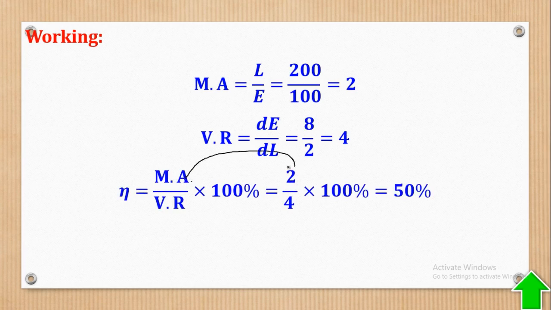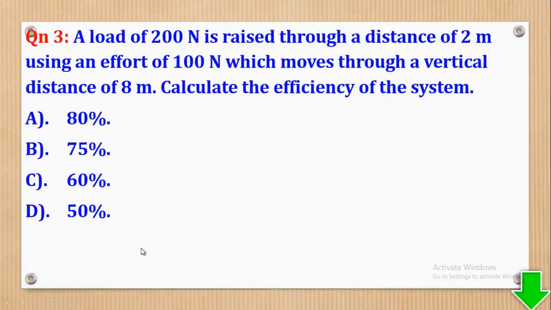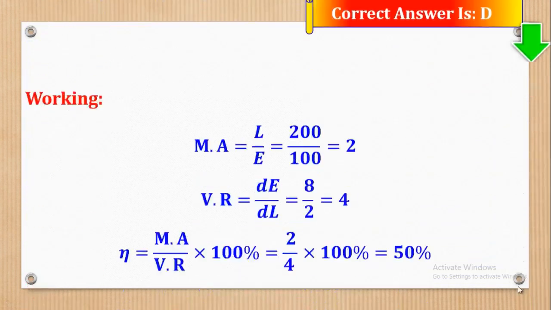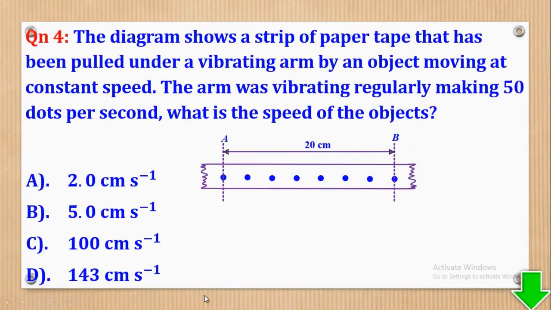So mechanical advantage is 2, velocity ratio is 4, this 100 remains, so you come up with 50%. In our options, I look for 50, and 50 is here, therefore the correct answer is option D. So that was question 3. Now we shall go to question 4.